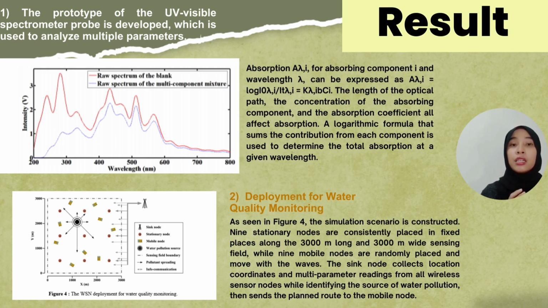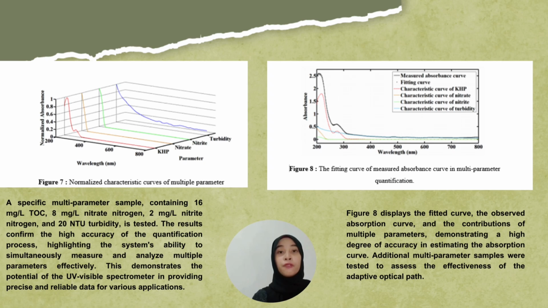The sensing plane then relates the mobile node curve, the observed absorption curve, and the contribution of multiple parameters, demonstrating a high degree of accuracy in estimating the absorption curve. So additional multi-parameter samples were tested to assess the effectiveness of the adaptive optical path.